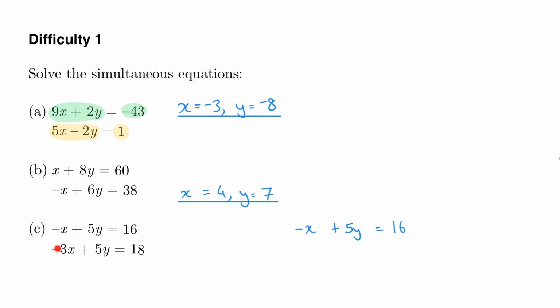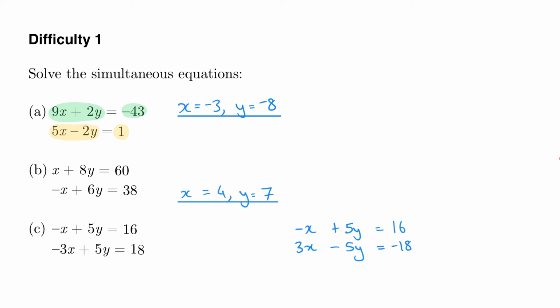If I multiply all of this through by negative 1, well, negative 1 lots of negative 3x becomes positive 3x. Negative 1 lot of positive 5y becomes negative 5y, so I've got 3x minus 5y, and that equals negative 18. Remember, if I'm multiplying through by negative 1, I need to multiply both sides by negative 1. So now I've got negative 18.